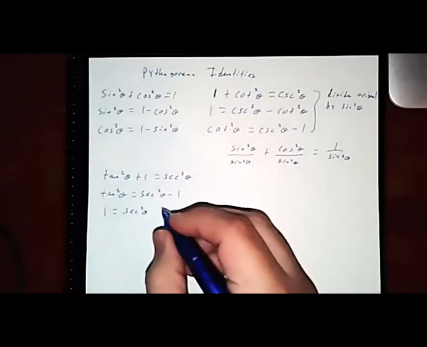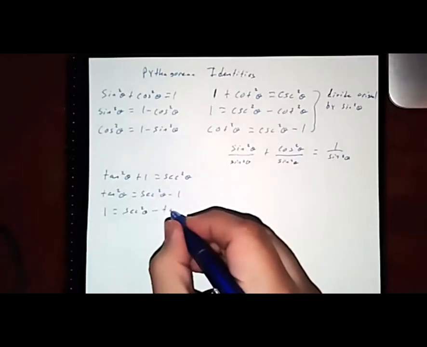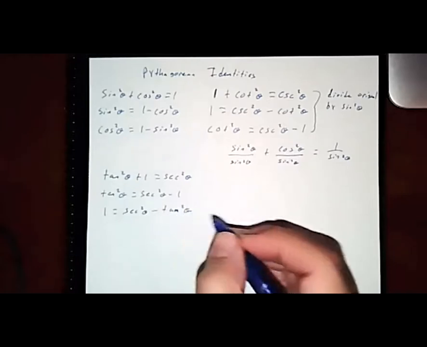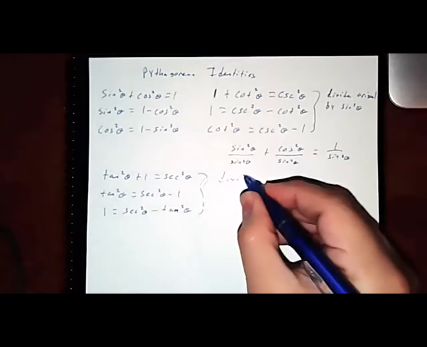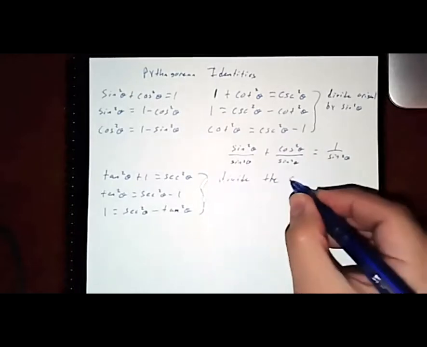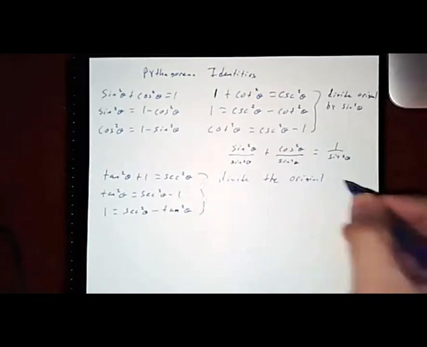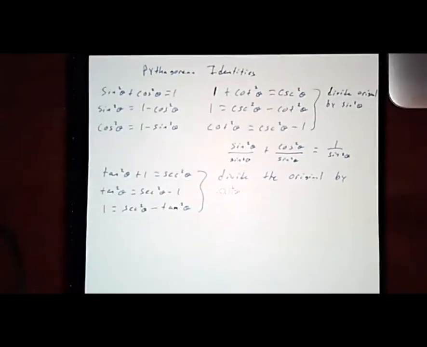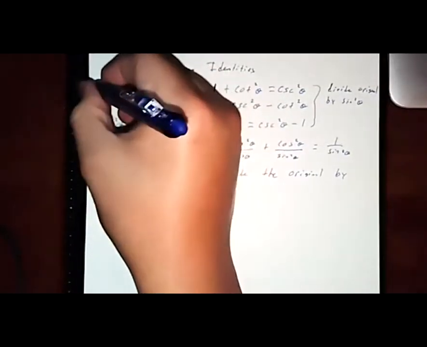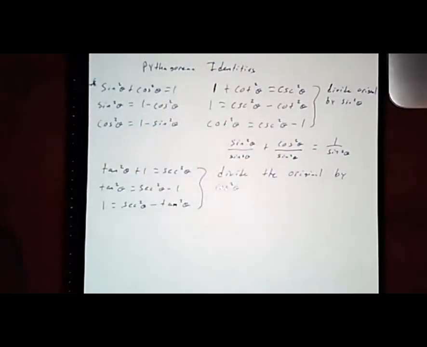So I have my, divide the original by cosine squared theta. That's where these 3 came from. By original, I mean this guy. I'm going to put a star on the original. Okay. So that's all the formulas.